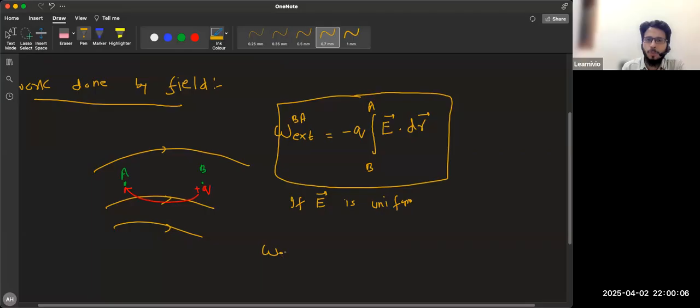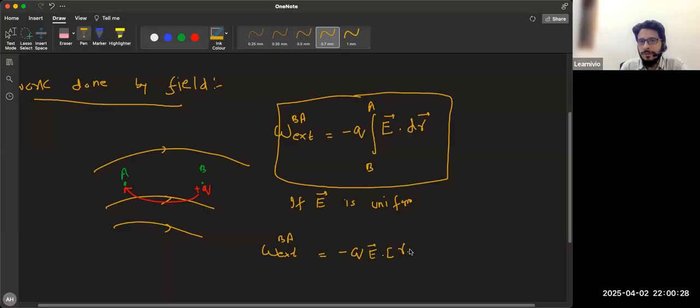In that case, work done by external force from B to A is nothing but minus Q. You can take this E outside, the integral of dr will be r, and you can write this as minus Q E dot RA minus RB.